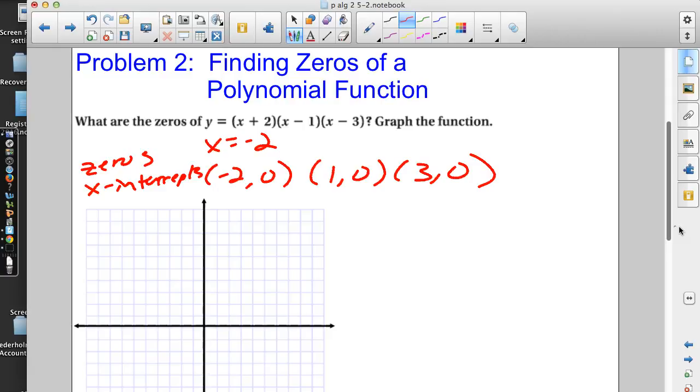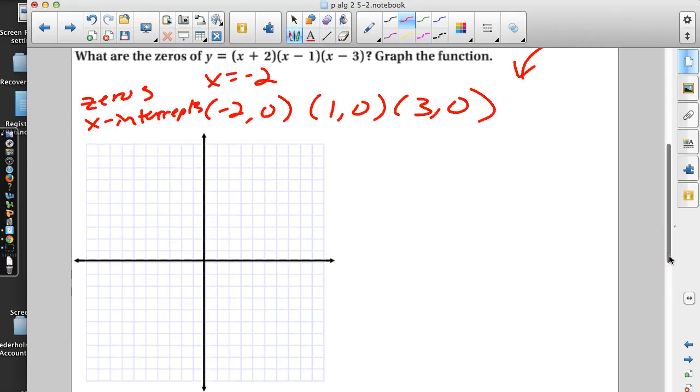So, I also try to put this together with what I know about leading coefficients and degrees. I look at this and think, okay, my first term would be x times x times x. That's going to be x cubed, and I get that little sketch in my head right there. So now I can put my (-2, 0), (1, 0), and (3, 0) on here, along with end behavior.